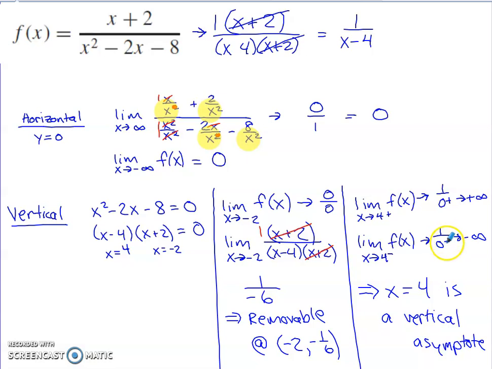A positive divided by a negative is a negative answer. Technically, the limit as we approach 4 in general does not exist. The one-sided limits don't have the same value, but we have confirmed that our graph is moving up off the coordinate plane on one side and down off the coordinate plane on the other side of 4, and that does tell us that x equals 4 is a vertical asymptote.